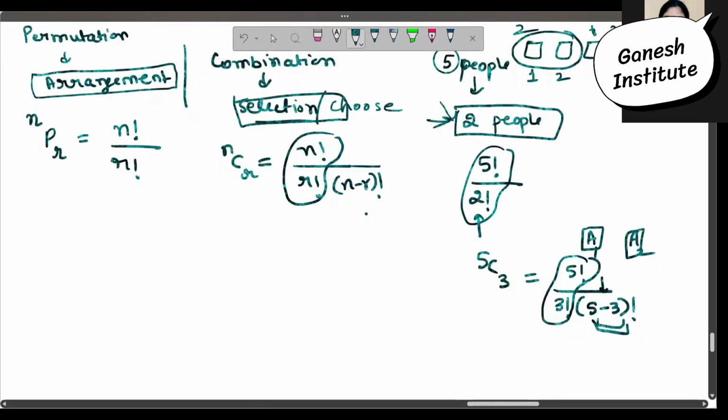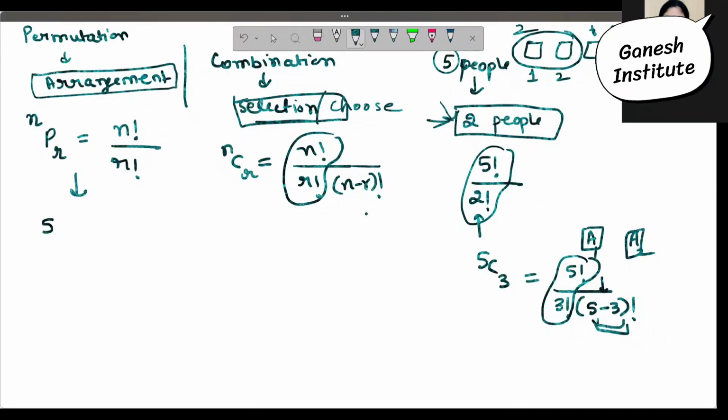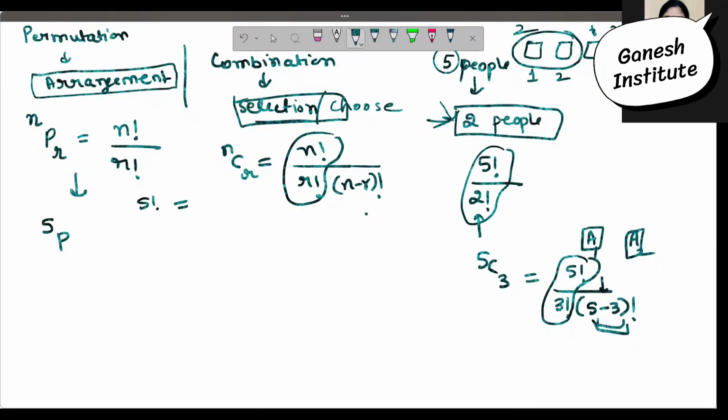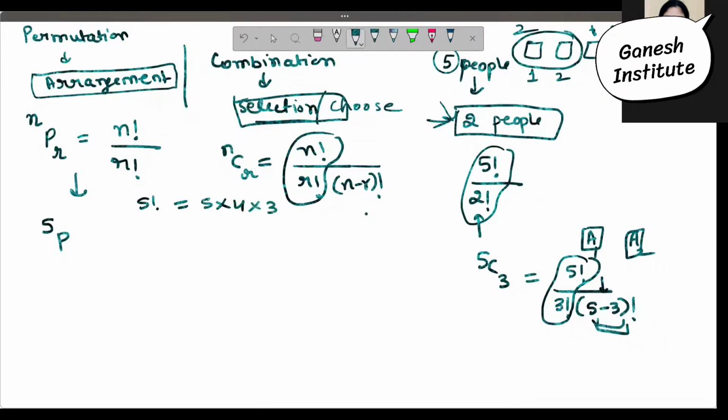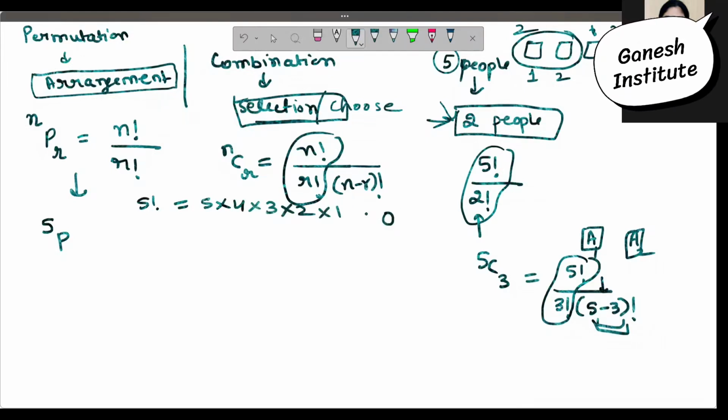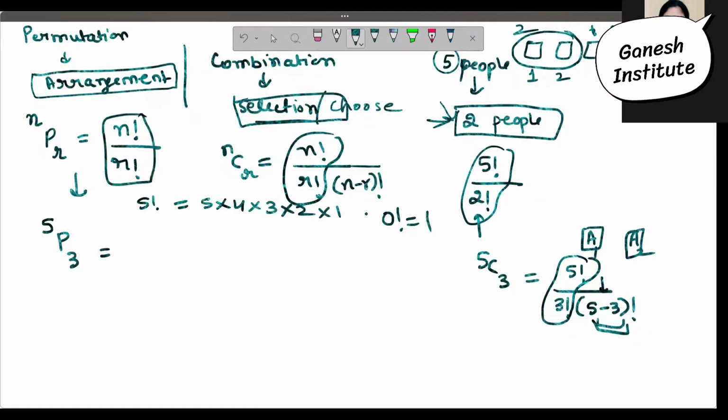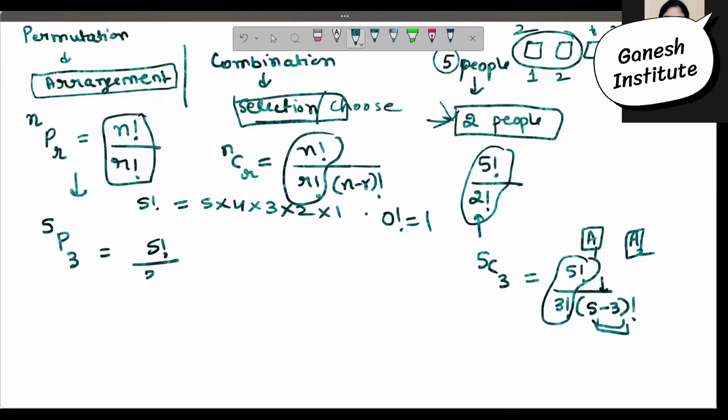So first of all, do you know how to expand this factorial thing? For example, I have 5 into 4 into 3 into 2 into 1. If I have n factorial, this will go in decreasing order up till 1. And 0 factorial is 1 only. So if I have 5P3, formalize this for permutation. So 5 factorial upon 3 factorial.